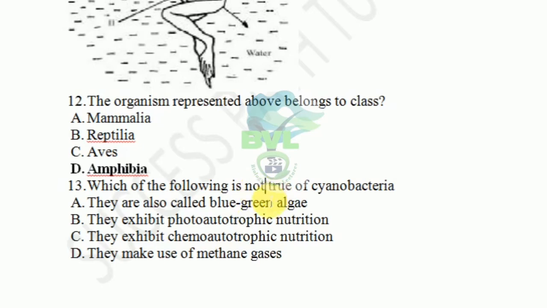Please pay attention to that. They are also called blue-green algae. That's correct. They exhibit autotrophic nutrition. That means they can photosynthesize. No, they cannot use chemicals or methane gas, that's not correct. So the answer is that they exhibit photoautotrophic nutrition.